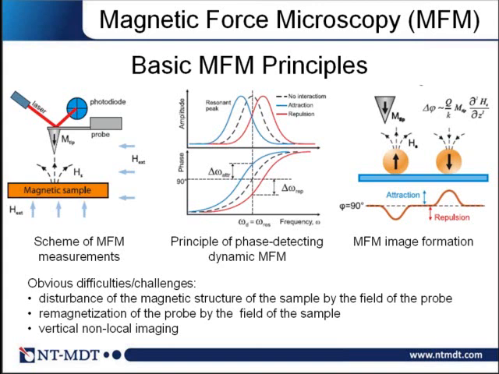Of course, as a part or branch of atomic force microscopy, magnetic force microscopy has different advantages and disadvantages. The first and most important challenge of this technique is that since the magnetic probe you use has its own magnetic moment, it creates dipole fields which can, in principle, disturb the magnetic sample.